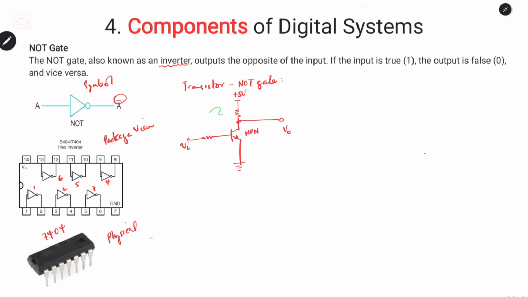And this is now the transistor circuit for the NOT gate. So we have the R base, the resistor connected to the source, you have the ground and the V out. This is the base resistor, which limits the flow of current. You don't want a huge current to pass through the base of a transistor.